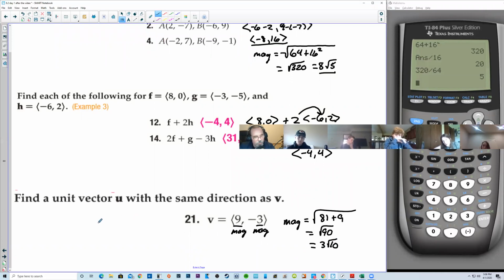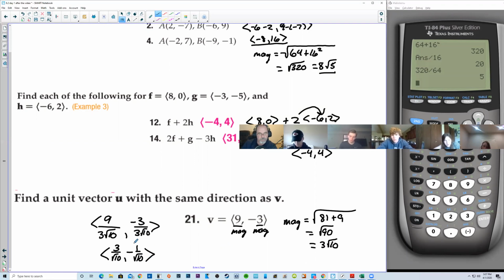So the answer we're looking for before we simplify is 9 over 3 square root of 10 and -3 over 3 square root of 10. So 3 over square root of 10, -1 over square root of 10. It's not always going to be square root of 10, by the way. And there's your answer right there.